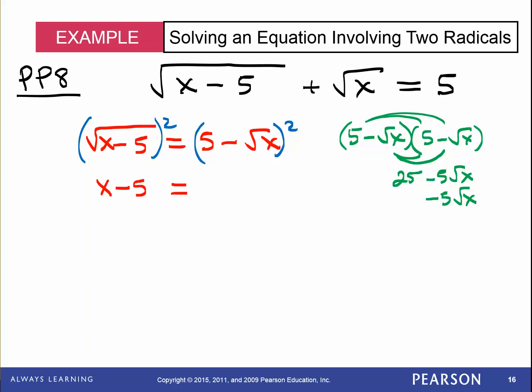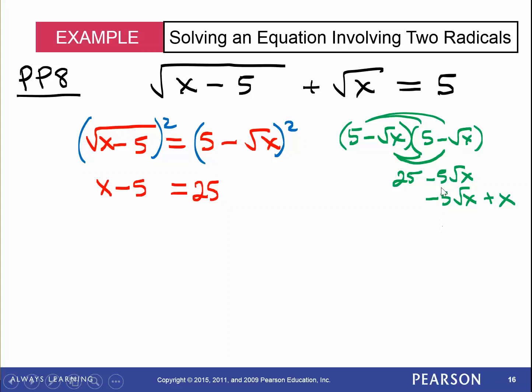This is the toughie: negative times a negative is a positive. What's a square root of x times another square root of x going to give you? Just an x, because it's like the square root of 7 times another square root of 7, which gives you square root of 49, and that's back up to 7. So plus x. Adding this up together, I got a 25.